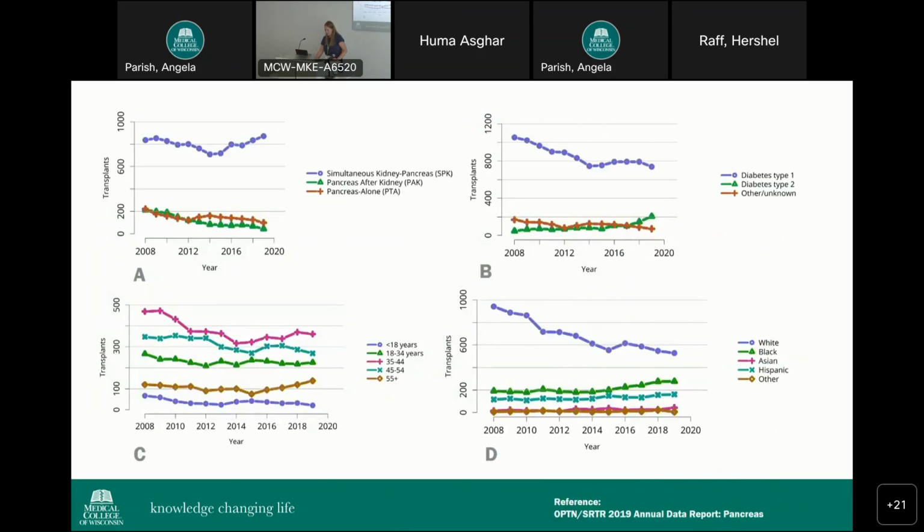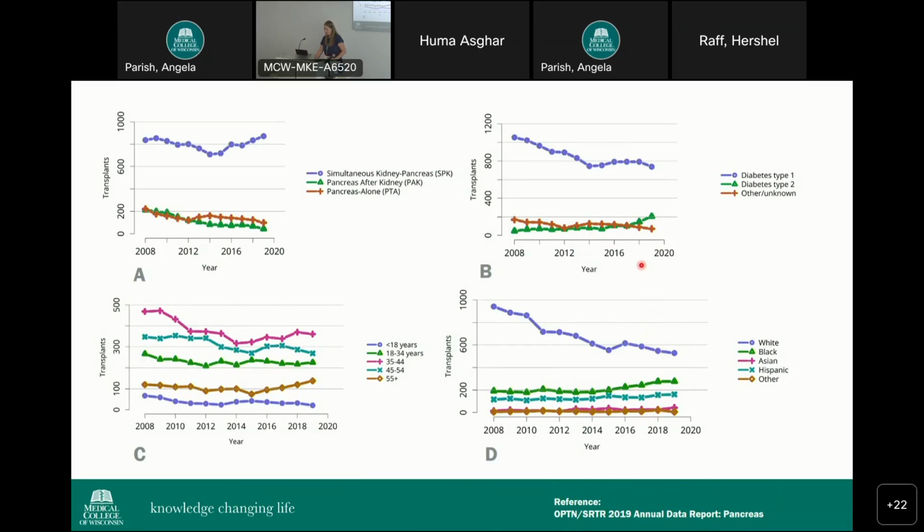So really breaking down transplants overall, figure A is looking at who is getting what type of transplant. Like I've said a couple times, simultaneous pancreas kidney is the most common, with pancreas after kidney and pancreas alone being fairly similar numbers. Graph B looks at who's receiving these whole organ transplants. Type 1 patients are by far outnumbering everyone else.